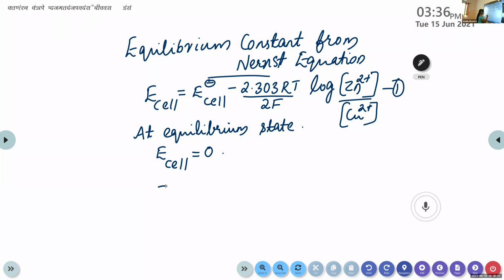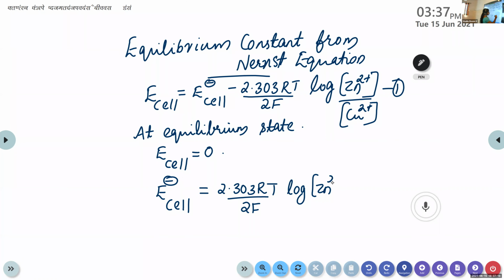So we can write E° cell, the standard cell potential, is equal to 2.303 RT by 2F log of concentration of Zn2+ divided by concentration of Cu2+.